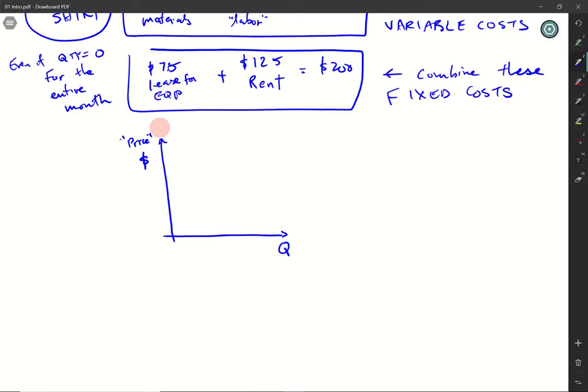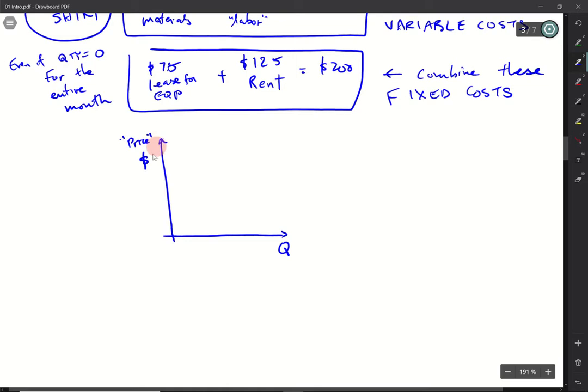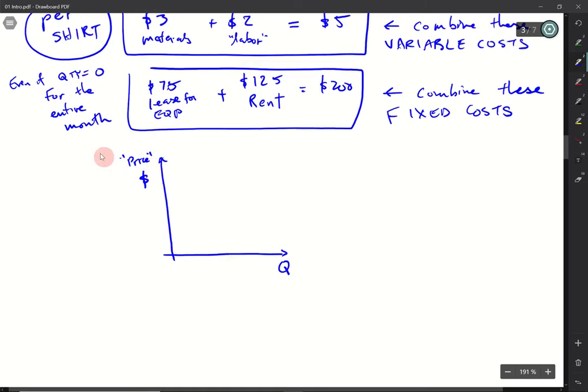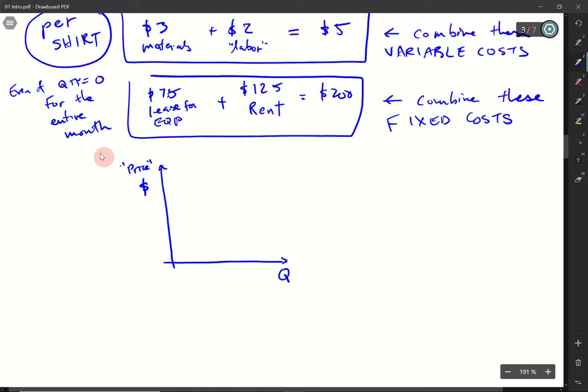So how could we draw the costs? In economics you only have price. In CVP analysis, what we're actually doing is what's called a CVP diagram, cost volume profit diagram.